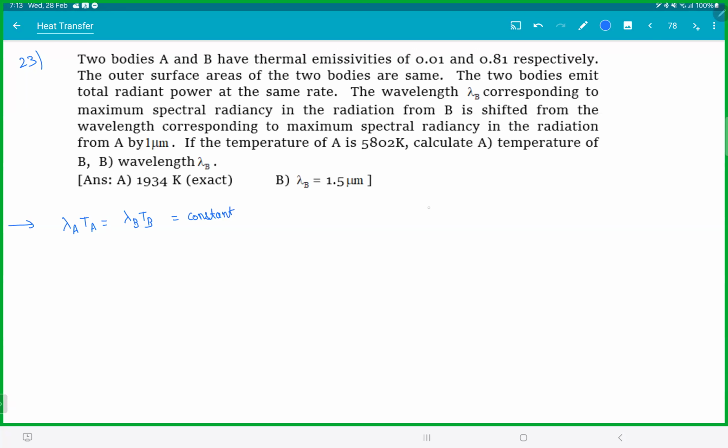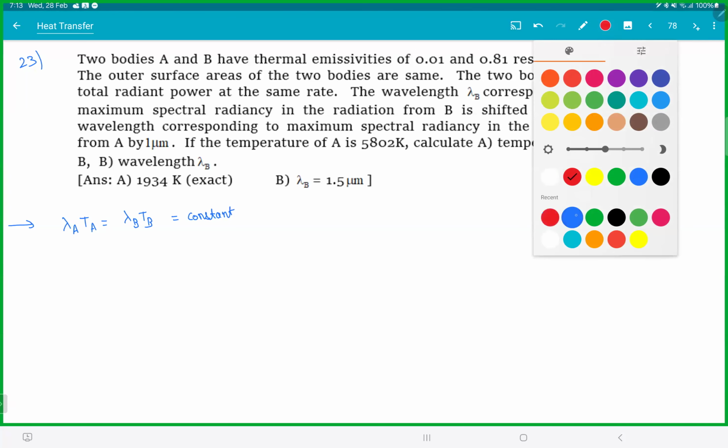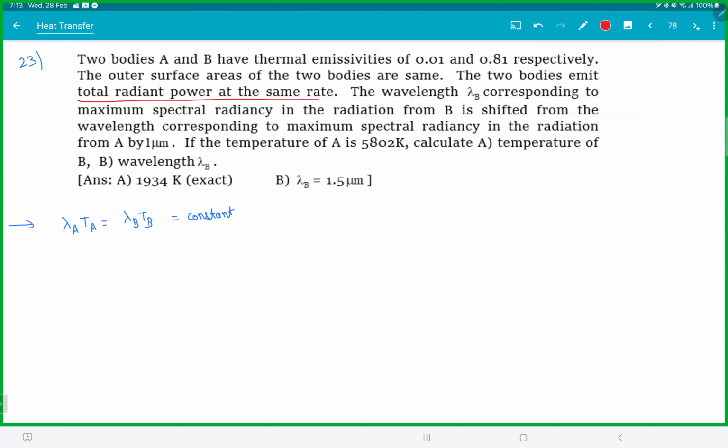Second thing, they're emitting the same power. So dQ by dt, which is sigma area EA TA power 4, should be equal to sigma area EB TB power 4. So this is 0.01 TA power 4 equals 0.81 TB power 4. So TA is 3 TB.